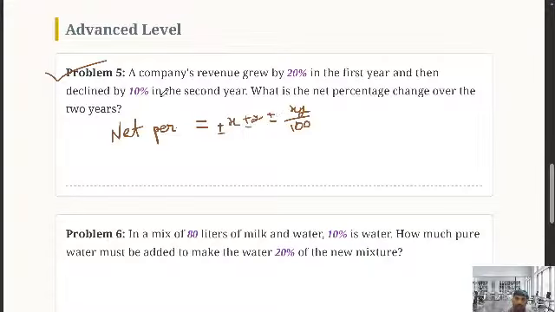So the net percentage change: first growth by 20%, that is plus 20, and then decline by 10%. Decline means reduced, so minus 10.